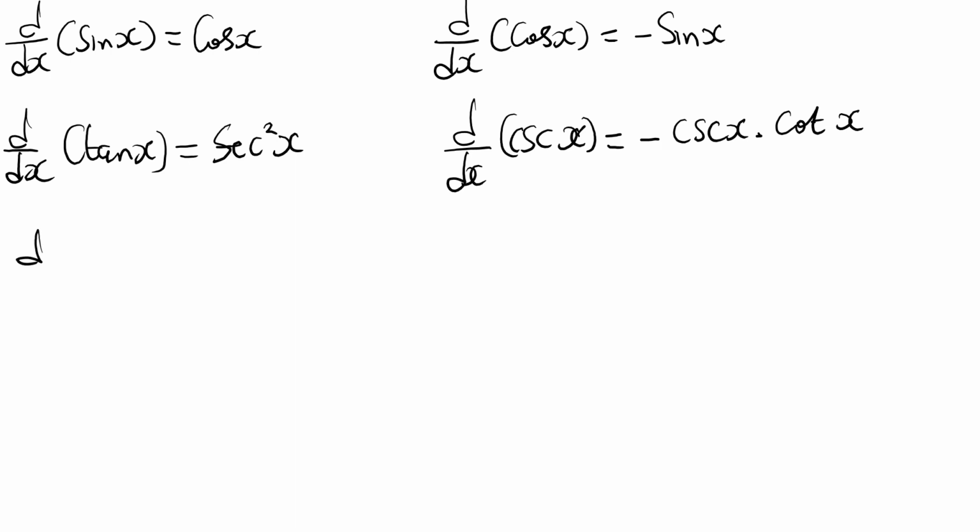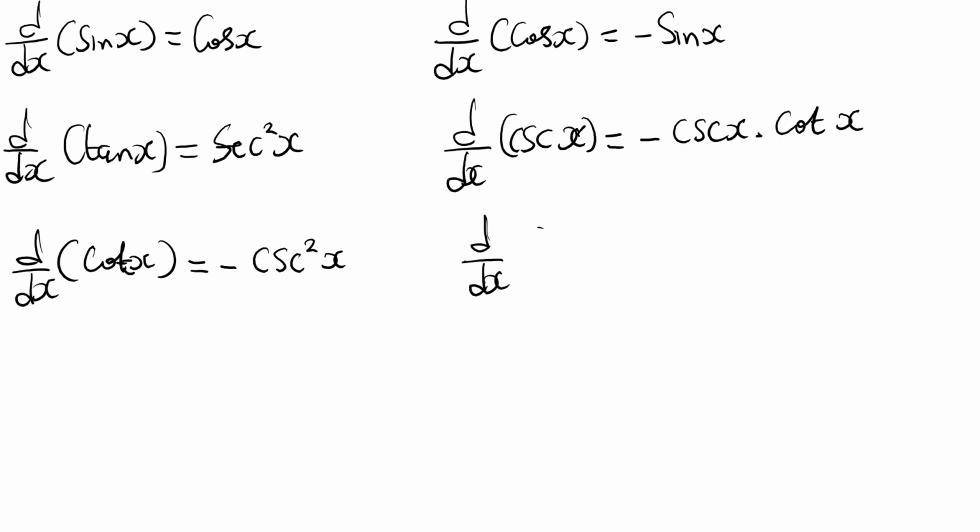And then when we differentiate cot x, we are going to get negative cosec squared x. And lastly, when we differentiate sec x, we are going to get sec x multiplied by tan x. This is what we get when you differentiate sec x.